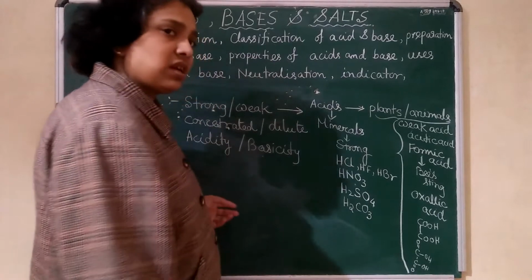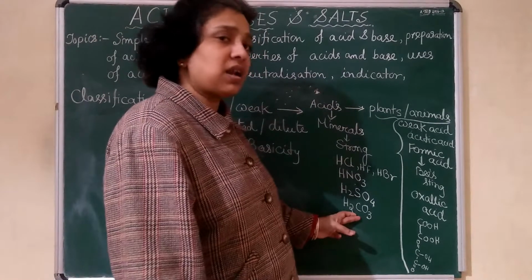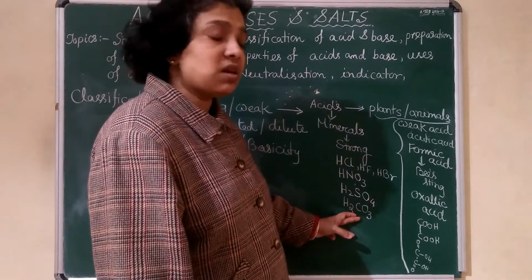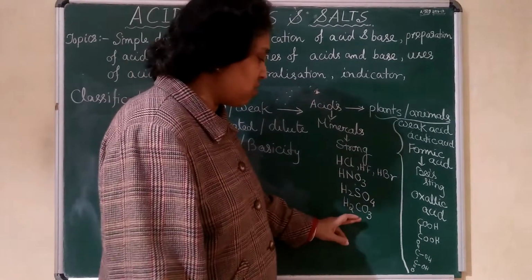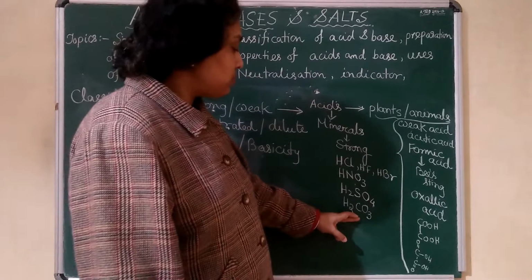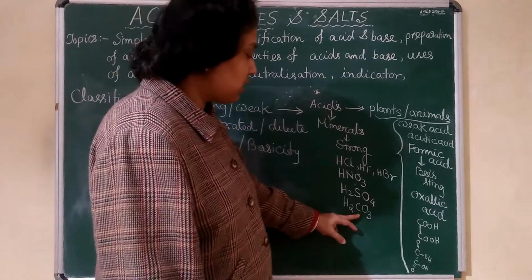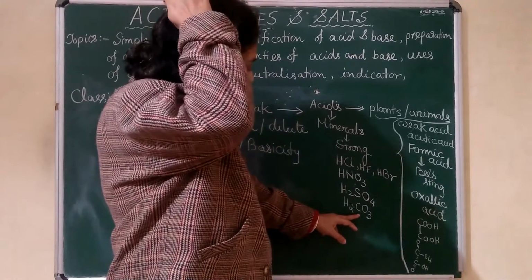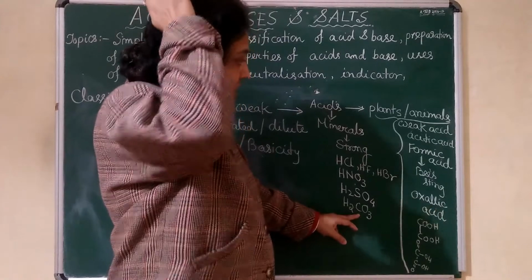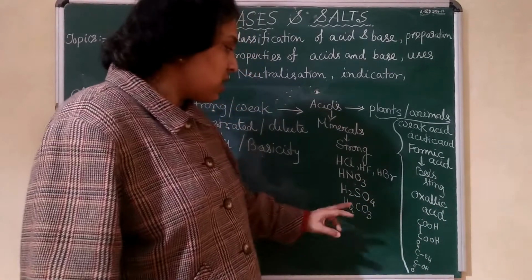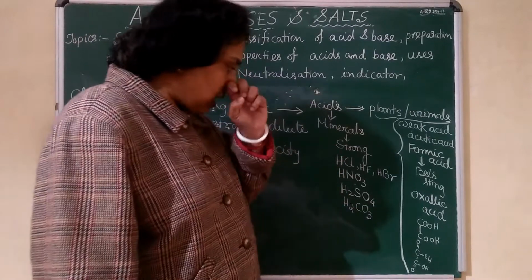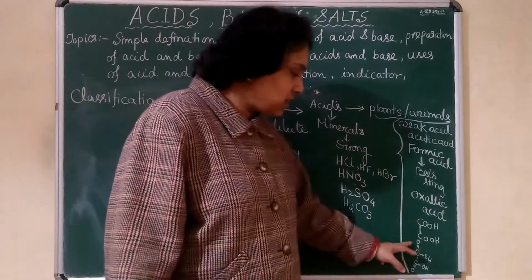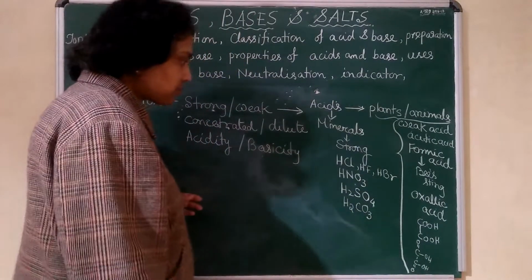Carbonic acid is also a mineral acid, but it is very weak, the concentration is very weak. So although it is a mineral acid, it is weak in nature, not strong. As it is derived from minerals, I have written carbonic acid. But remember, carbonic acid is weak acid.